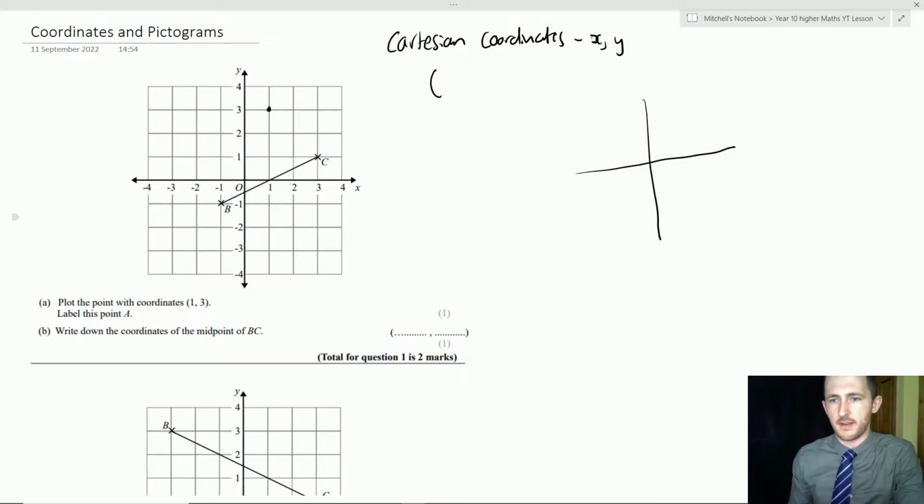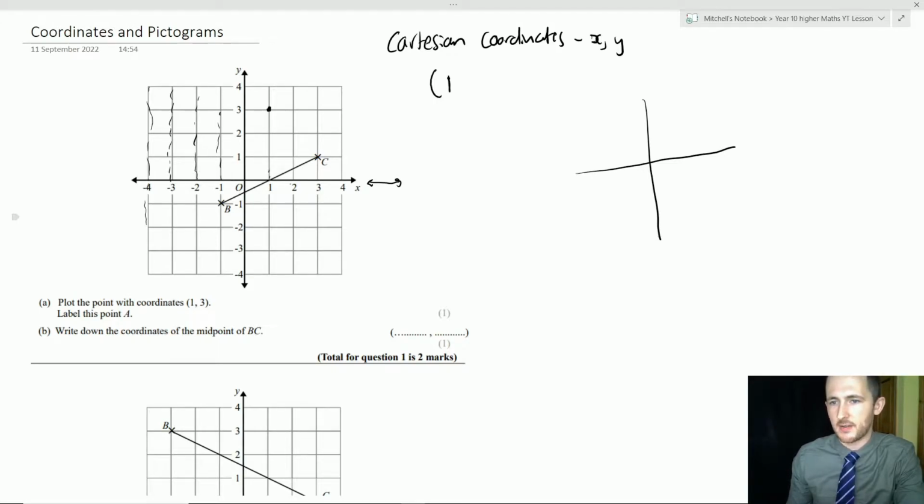So the x value always refers to how far left and right you're going. If I look at this point here that I put, and find where it matches up on the x-axis, if you look down, which number it refers to, it would be a 1. The reason is if we go along, -4 is all of these values here, -3 is all of these values here, -2 is all of these values here, -1, and so on.